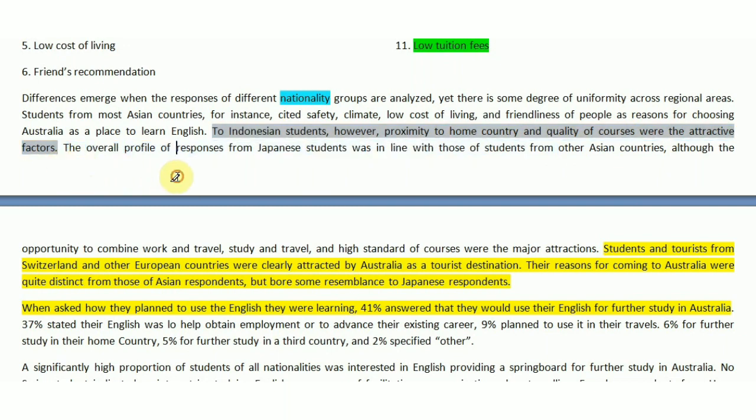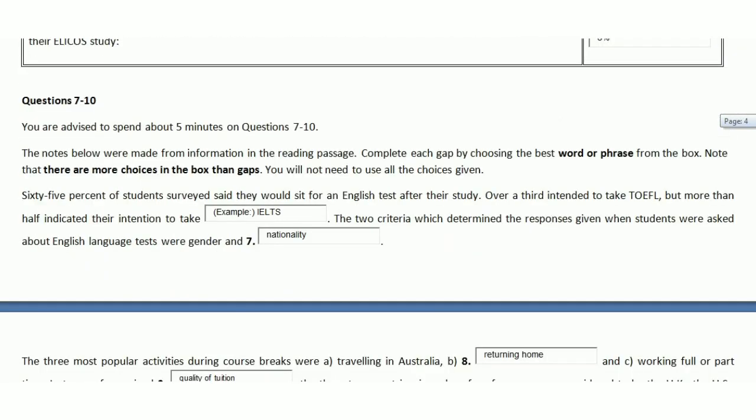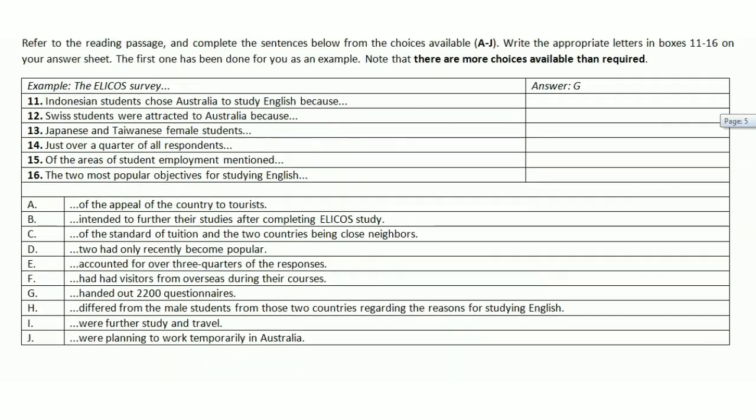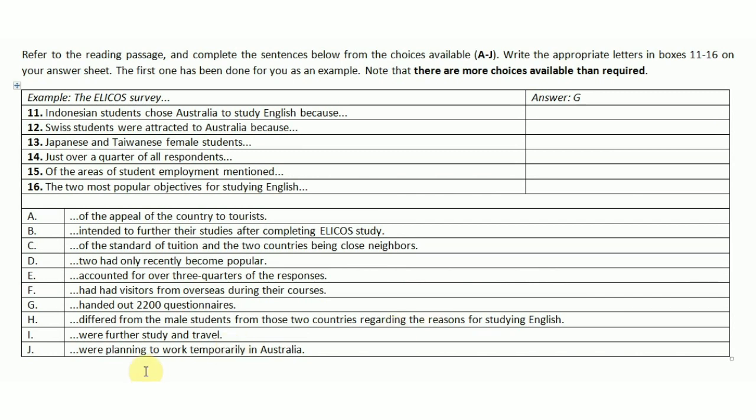So those are the two reasons why Indonesian students chose Australia. Let's locate our answer to the 11th question: proximity to home country and quality of courses. Let's see whether it is written in any of the options. Where it is, I cannot find.